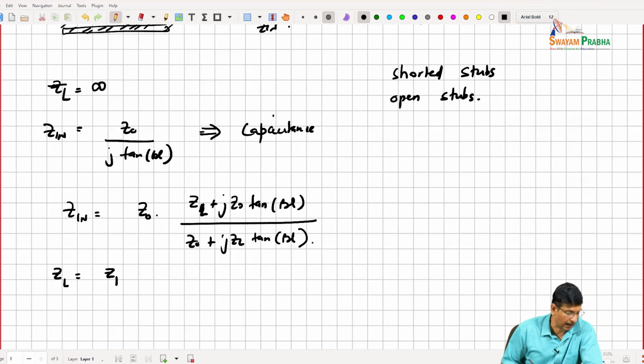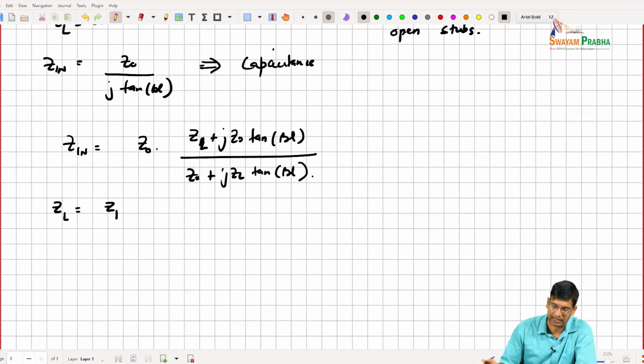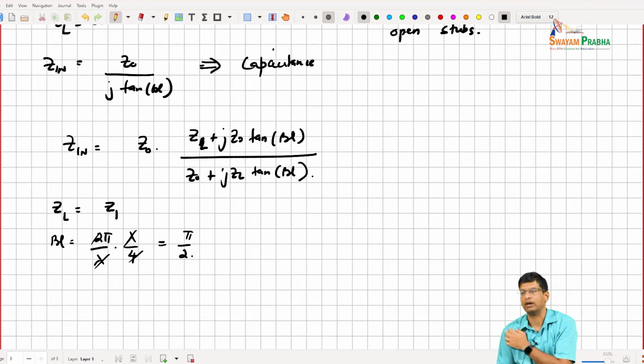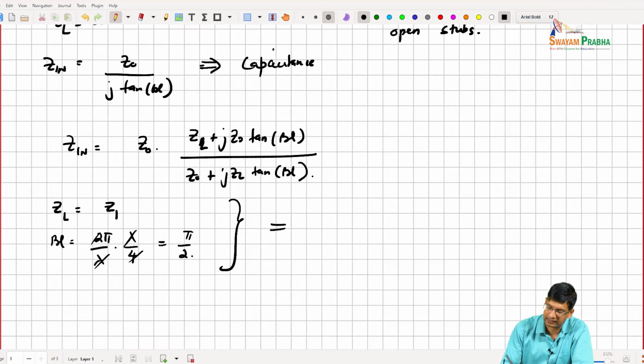If we make βL equal to 2π/λ times λ/4, so that it is π/2, we can show that the Zin that we have is Z0 squared divided by Z1.